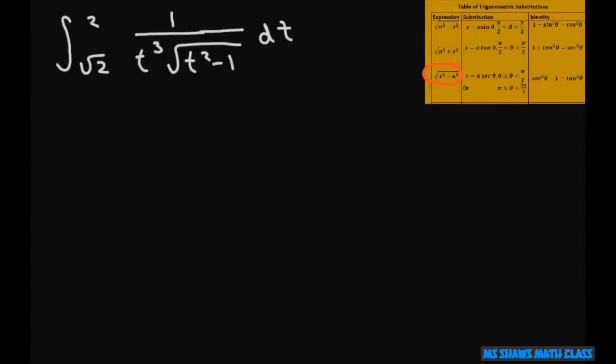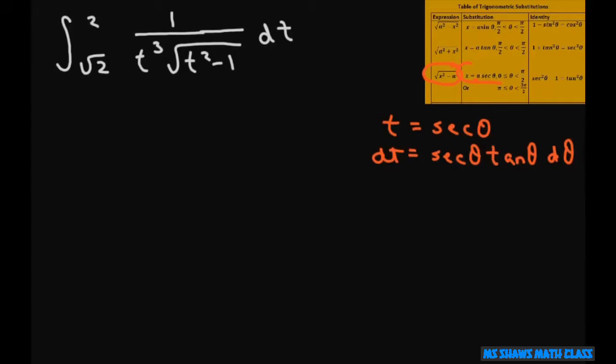Since it's just 1, that means our a is going to be 1. So we're going to let t, in our case, equal secant of theta. We're following this format, and so our dt is just going to be secant theta tan theta d theta.